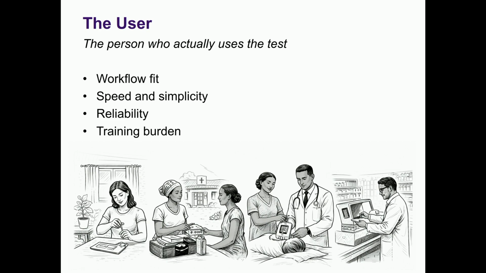The speed and simplicity, you guys got all those acronyms. That's very important. But reliability and accuracy is also important depending on your user. And then finally, I've emphasized this a lot, that training burden. Who's actually going to train people how to use this test? Is it a sheet of paper, or is it actual, an individual, or a session of some sort? So that's the user.